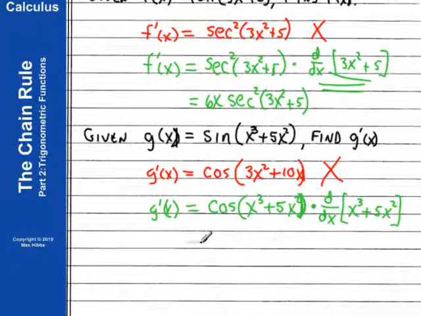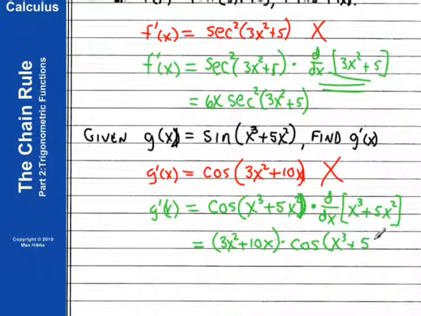So this would end up being a 3x squared plus a 10x factor, that's the derivative of the inside, times the cosine of the original inside, x cubed plus 5x squared.